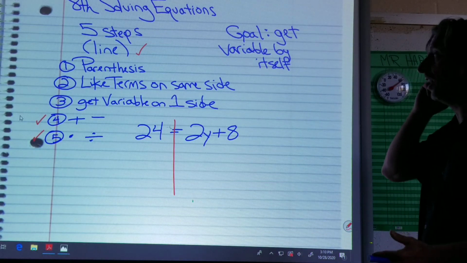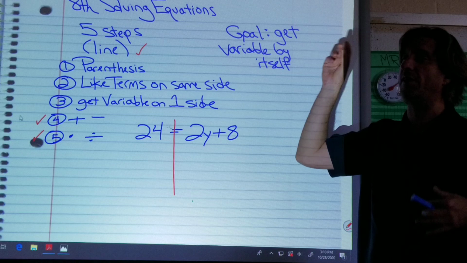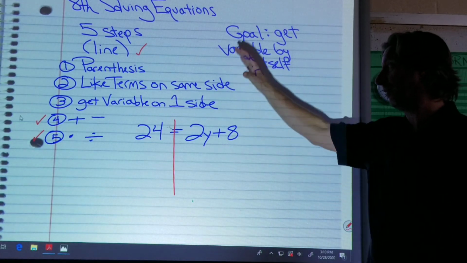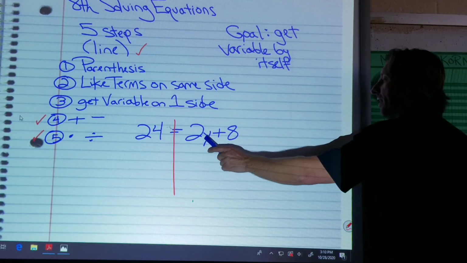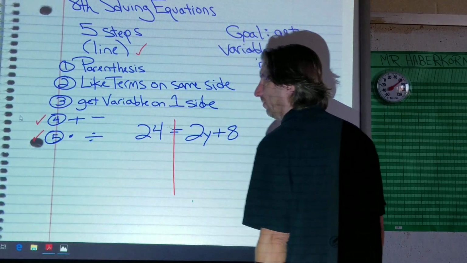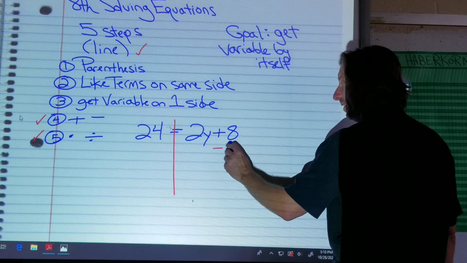It's important. It's going to help when we get to the longer ones. I know we don't like to draw the lines. We like to do these in our head and figure them out. But doing them this way is going to be the only way to solve them, all right? So we want to get this y by itself. So we're going to do the plus and minus before we do the multiplying and dividing. So I'm going to get rid of the plus 8 by doing the inverse, which is minus 8.